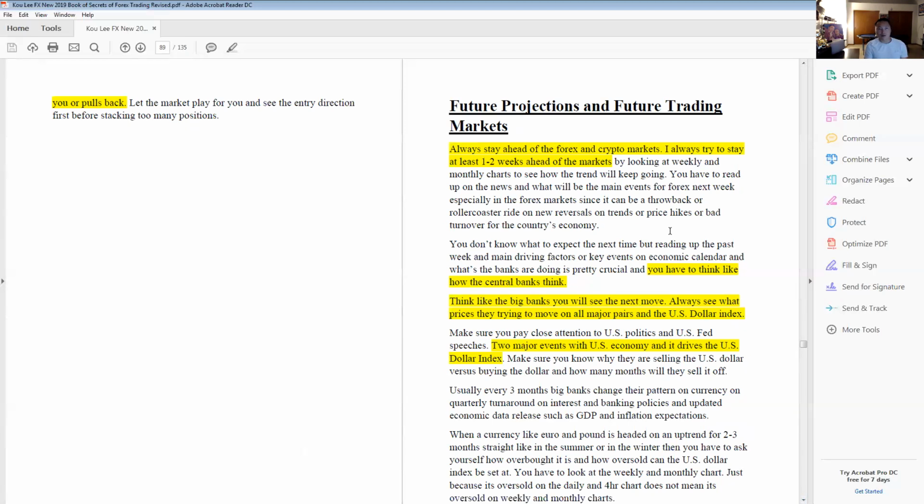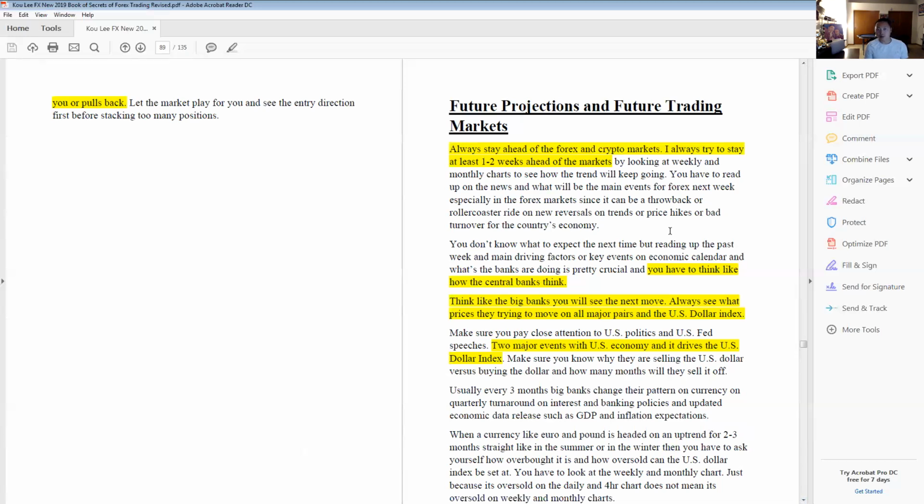Do we have something coming up? Like, do we have a recession coming up for the U.S. economy? What's going on with the trade wars? What's going to end the trade wars? What's going to happen this year? What's going to happen at the end of this year? What could possibly happen at the end of Trump's term in 2020, right? 2 years from now. You gotta look at that.